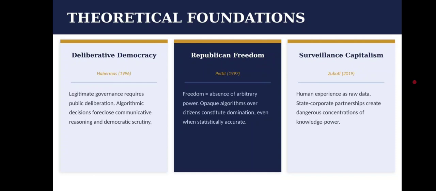Third, surveillance capitalism by Zuboff in 2019. This explains how data is collected and used to monitor, predict, and even influence human behavior. Together, these theories show that technology in governance is not just about efficiency, it also has deep implications for freedom and democracy.